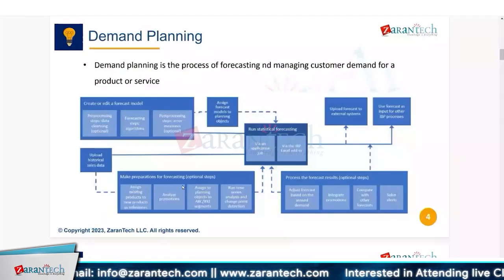Now in a particular month, let's say August, there was some promotional activity done by the marketing team, wherein the demand for this product increased from a maximum of 1,000 pounds to, let's say, 3,000 pounds.